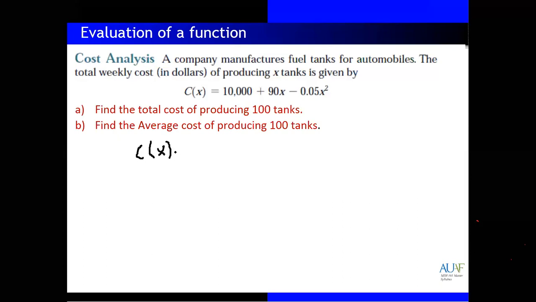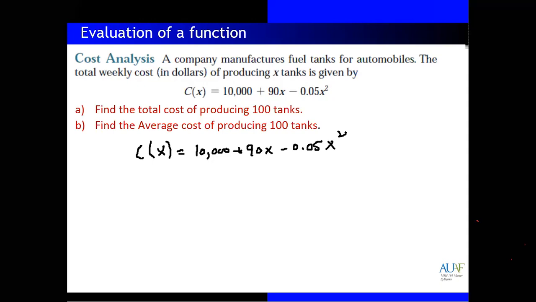C of x is equal to 10,000 plus 90x minus 0.05x. According to this formula, you can find the cost of one fuel tank, two, three, at any value of x. X means the number of fuel tanks, the production units of fuel tanks.